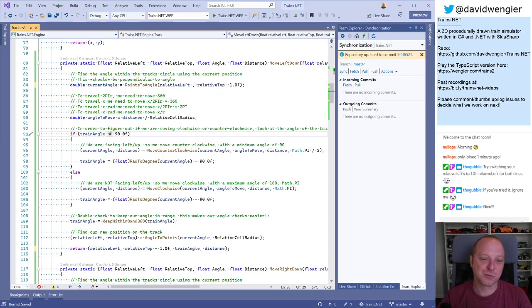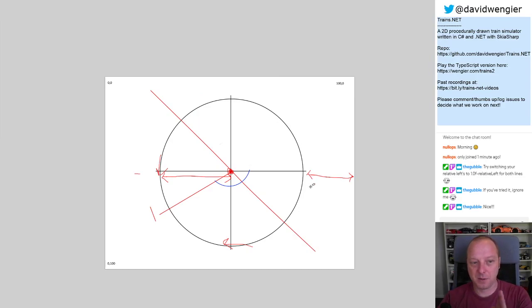Okay, so train angle. Our train angle now, if we're going counterclockwise, that would be the scenario when we're coming up. So our train angle is going to be 360, and then we're going to lower it to 270. Pointing that way. Sorry, wait.